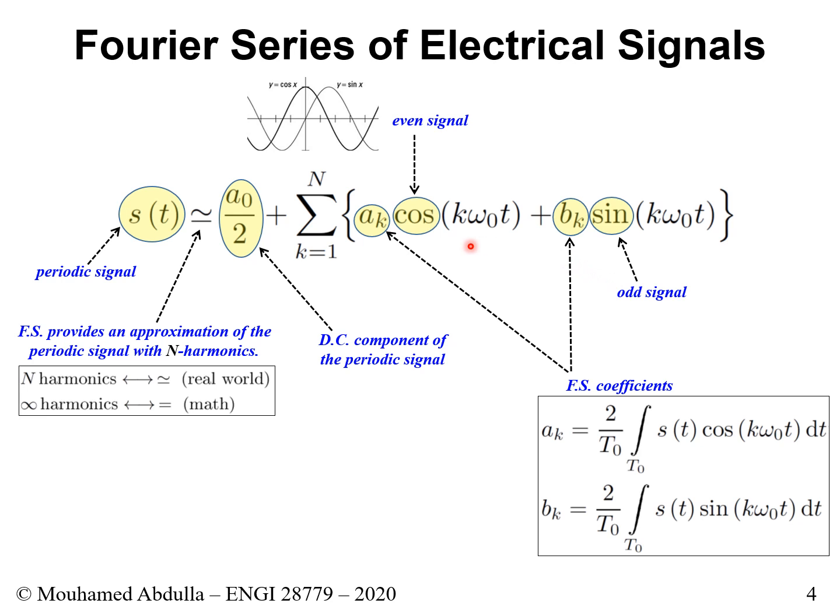Well, we have these things here, AK and BK, as I mentioned a second ago. They are referred to as the Fourier series coefficients. Now, how do you find the coefficients? You need some calculus skills. So essentially, you just do this constant here, 2 divided by the period of the signal, T0, and for BKs, 2 divided by T0.